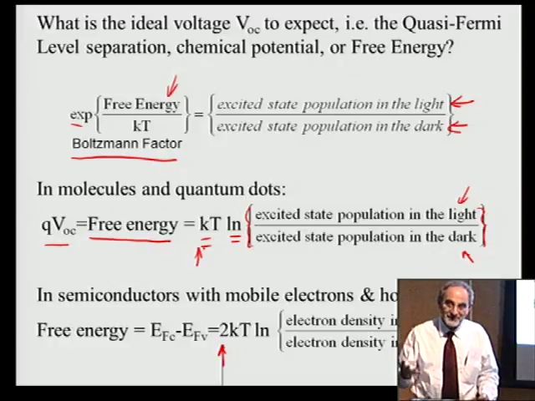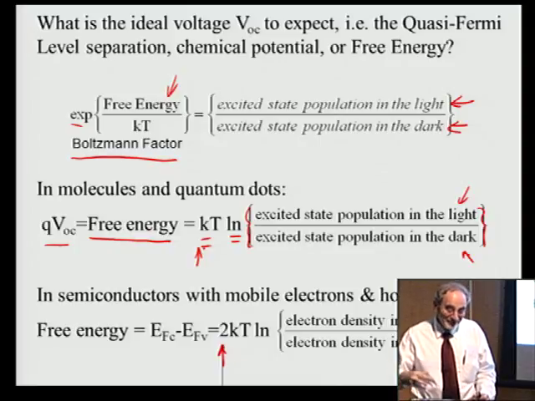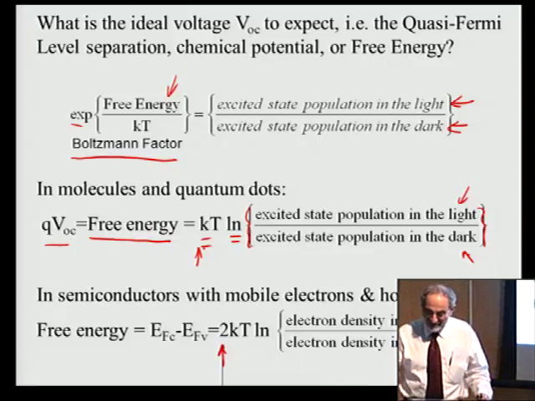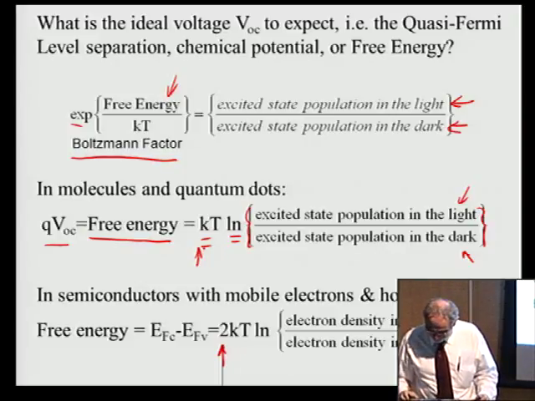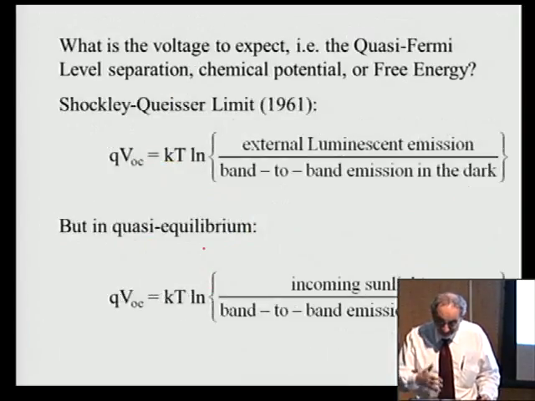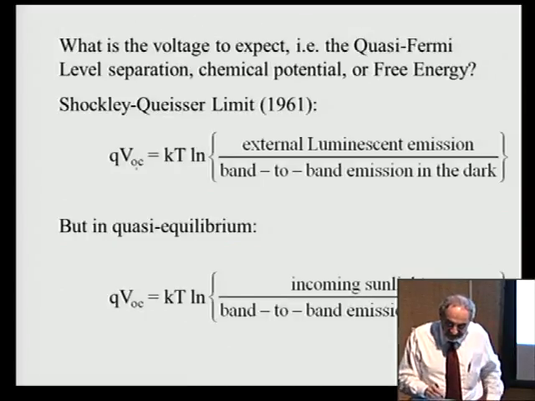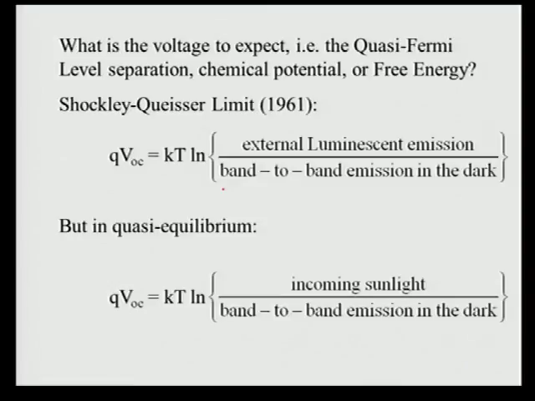What I found amazing about this is that with no warning, he answered a very hard physical question. To me, it was hard. He answered it correctly and with 15 seconds of thought, which is very, very impressive. Okay, so there's that factor 2. But let's just look at the molecular case or the quantum dot. So we have this ratio.